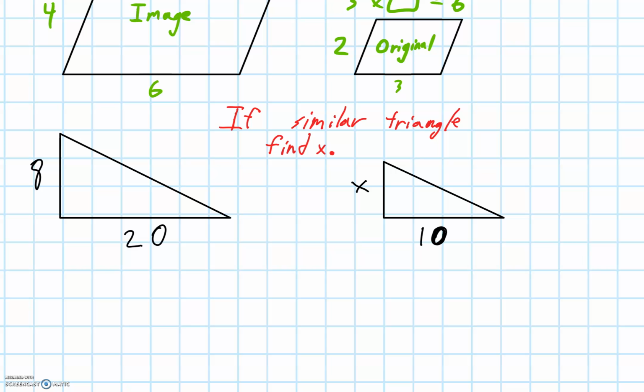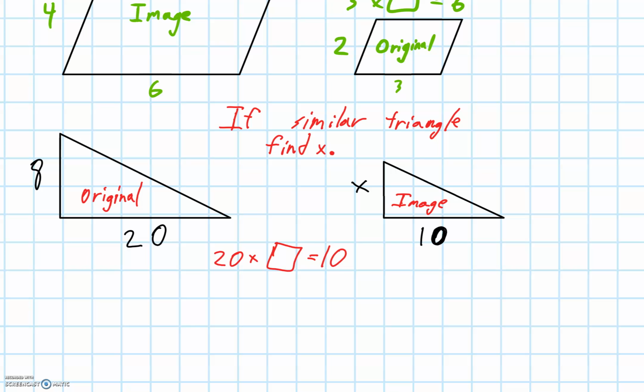So first of all, let's go from original to image. I like to do it this way. I always make the image wherever x is, because it makes it just slightly easier. So original to image, well, we know that 20 times some scale factor equals 10.